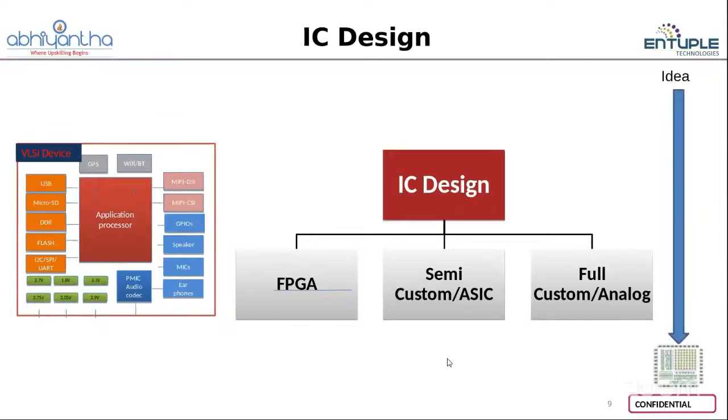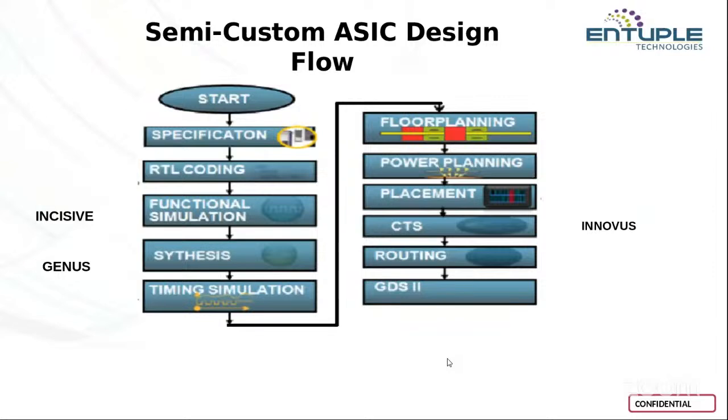So here you can see the semi-custom flow. Just for understanding, we are adding this. The semi-custom flow starts with the specification, and based on the specification we develop the RTL code. Once the RTL code is developed, we start working on the verification side, functional simulation or functional verification. Then after functional verification, coverage analysis, and we go for the synthesis side. Then we have the timing simulations, that is our GLS.